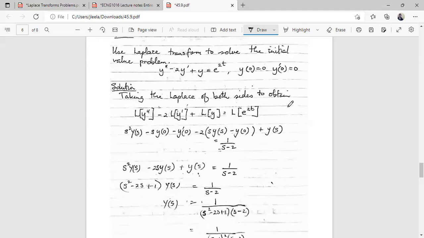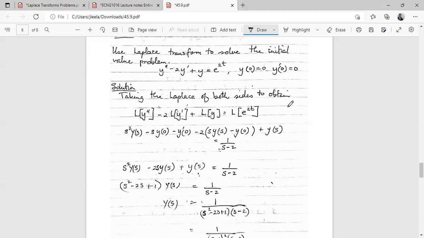So you get s squared Y(s) minus s y(0) minus y prime(0), minus 2 into sY(s) minus y(0), plus Y(s) is equal to 1 over s minus 2.